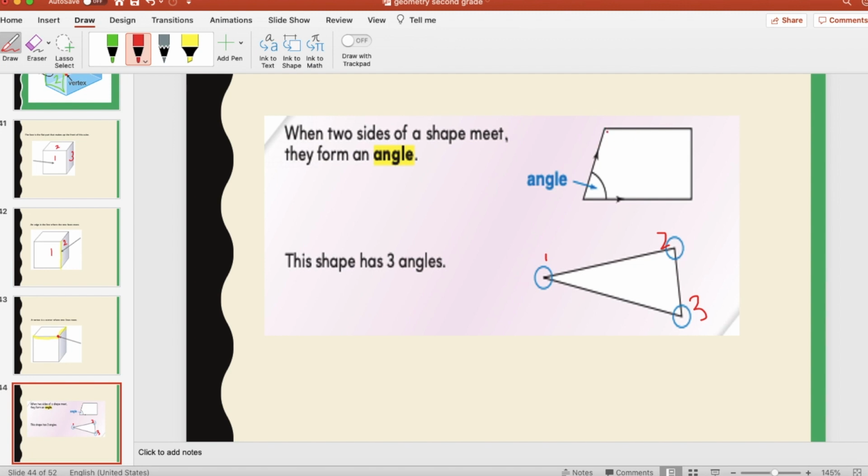In our shape over here, one of our quadrilaterals, remember quadrilateral means it has four sides. There are different members of this family. We have one angle, the second over here, the third, and the fourth. So this one would have four angles.